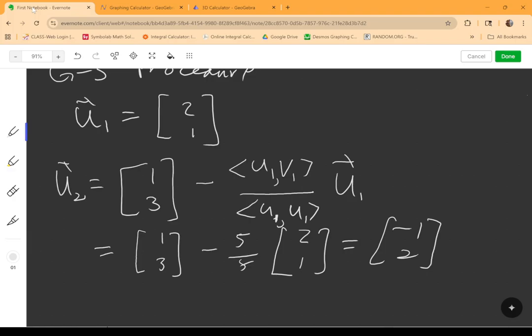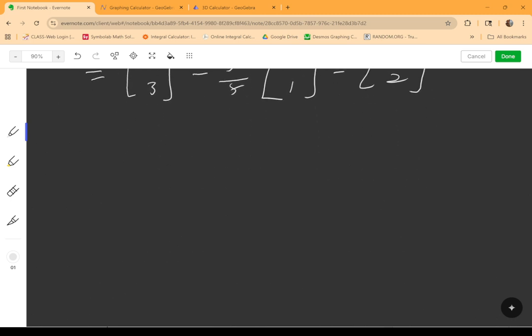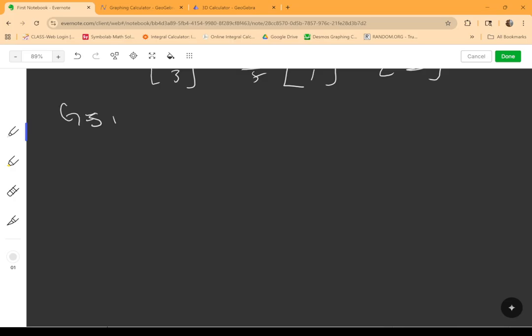All right. Now, in general, the procedure to generalize it: U1 is always going to be V1.